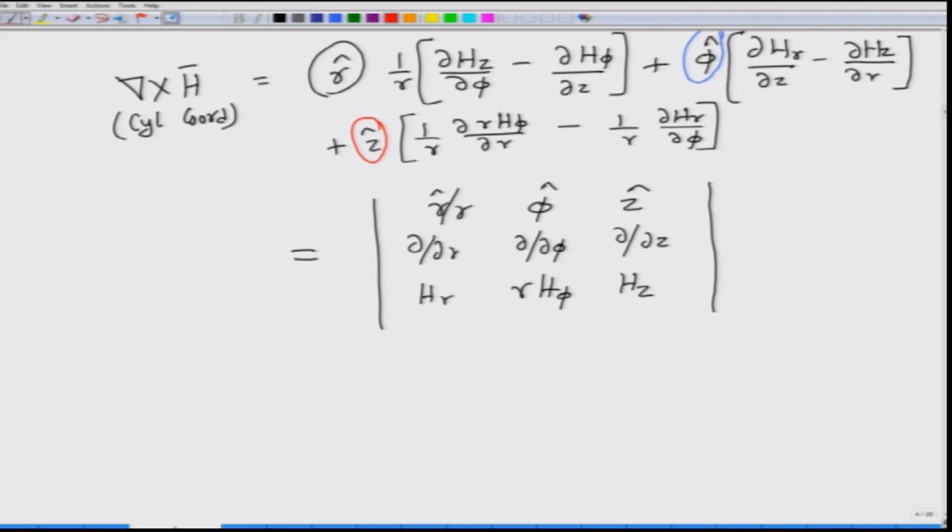Step 1, write down Maxwell's equations. I have written down curl of H having all these components, but I know that curl of H on the right hand side is given by J plus del D by del t.